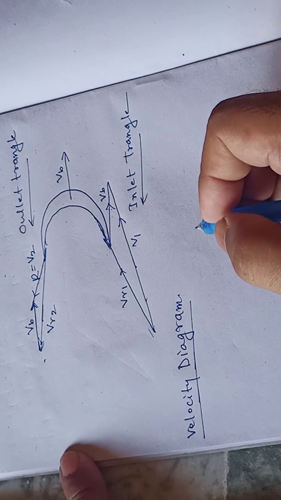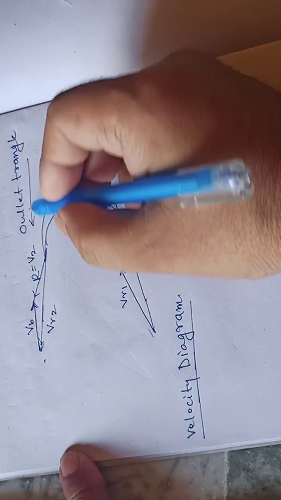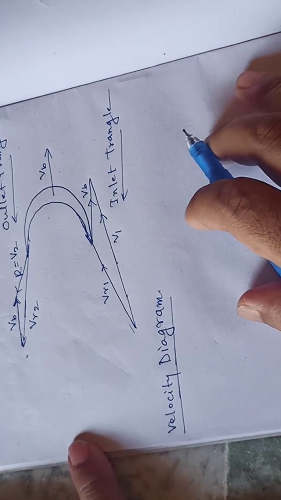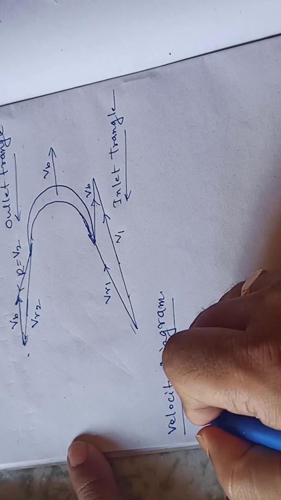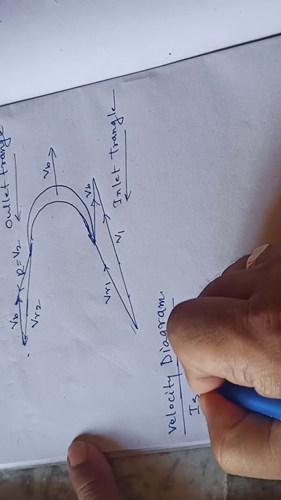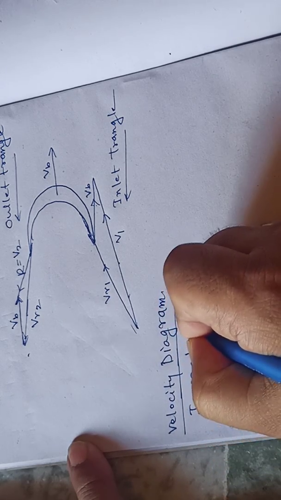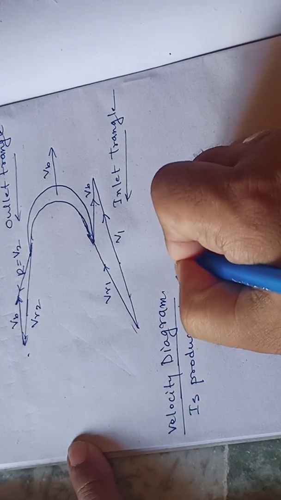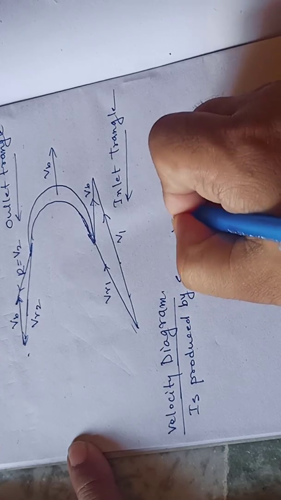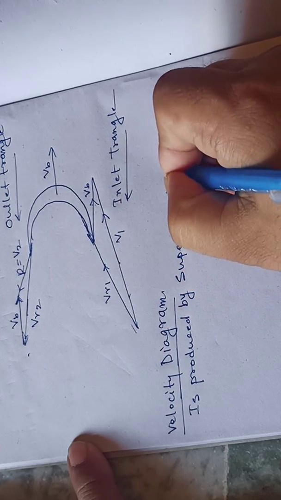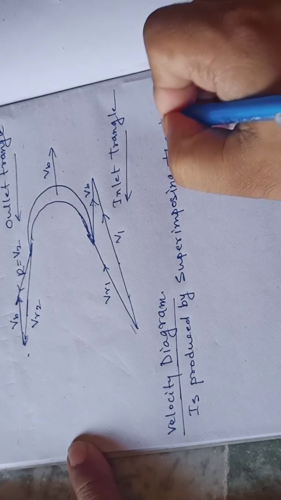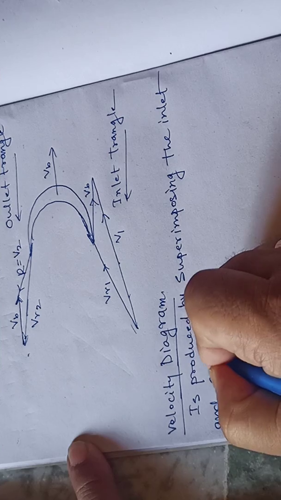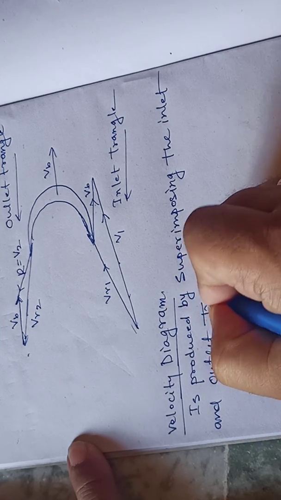So we can superimpose the inlet and outlet triangles to produce the velocity diagram. The velocity diagram is produced by superimposing the inlet and outlet triangle.